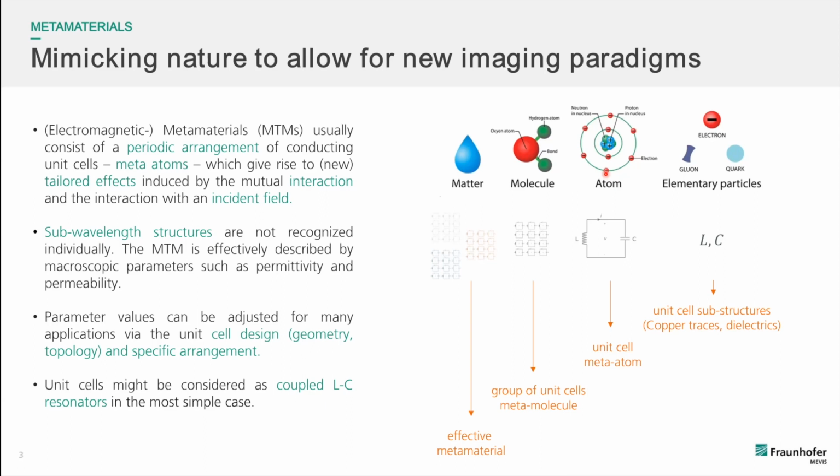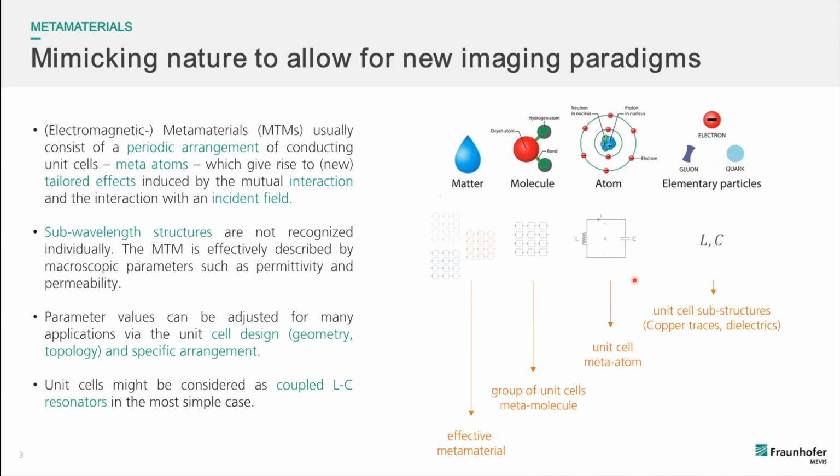And if we are looking at different molecules or atoms, we are using so-called meta-atoms, which are resonance structures. In the simplest case, we will just have a resonant circuit with some inductance and some capacitance.